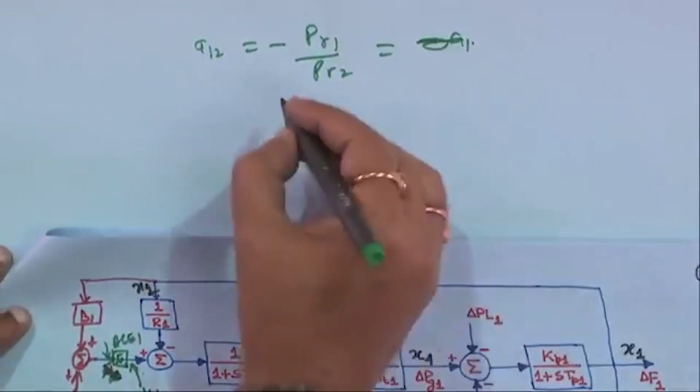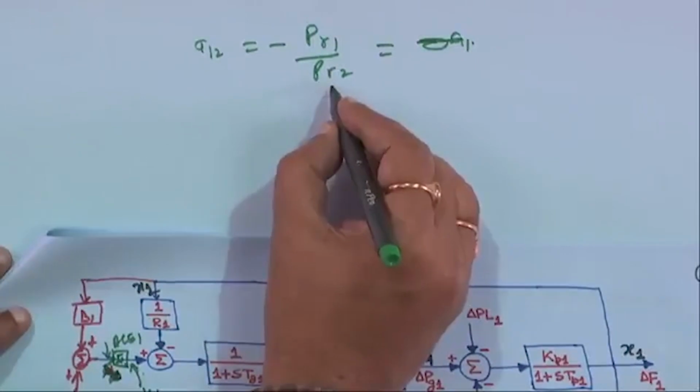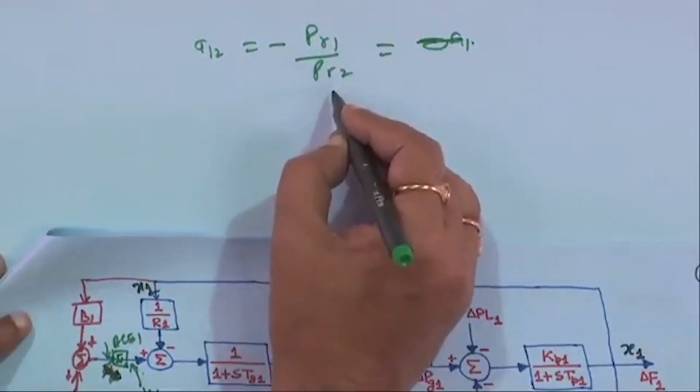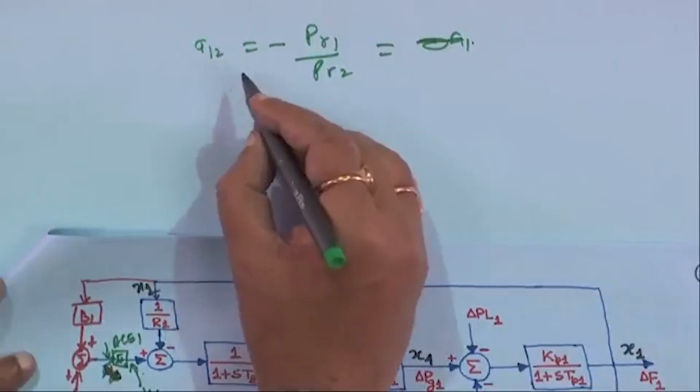Now suppose PR1 is fixed and PR2 is increasing. That means this value will go down, A12 will go down.